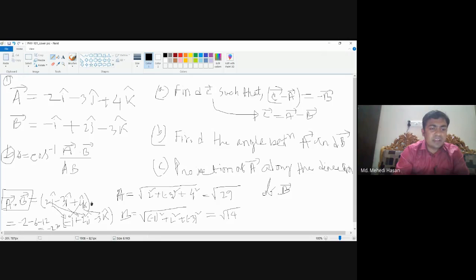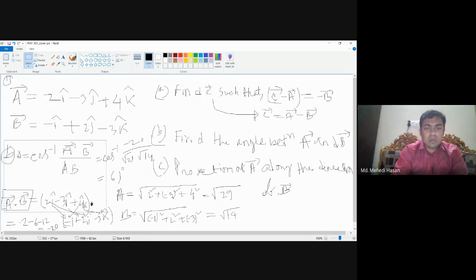That is, a dot b is minus 20. Now if you put the values here, cos inverse of minus 20 divided by root over 29 and root over 14. Now if we use the calculator, there will be a result, and the unit is angle. So there will be a particular angle if we calculate these values. So this is the procedure to find out the angle between two vectors.